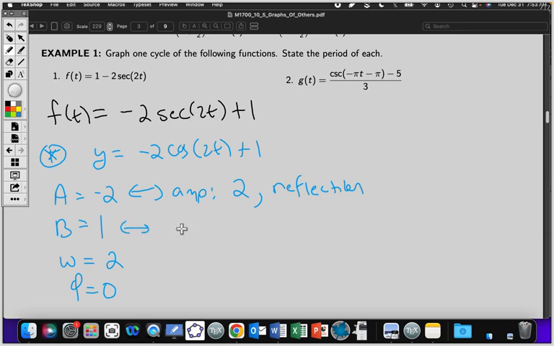B is 1, that means that our vertical shift is going to be up 1. Omega is 2, tells us our period is 2 pi over 2, which is just pi. So this is running twice as fast as the regular cosine curve, and this means we have no phase shift.